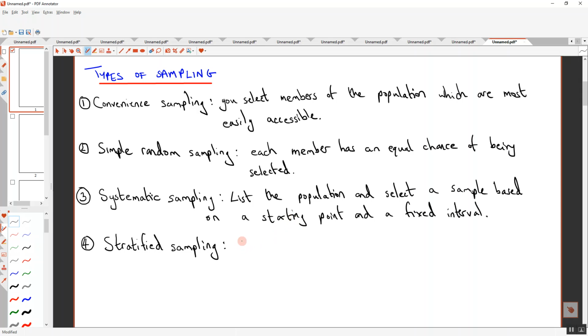So this one, you divide the population up into groups, or a fancy word, strata.